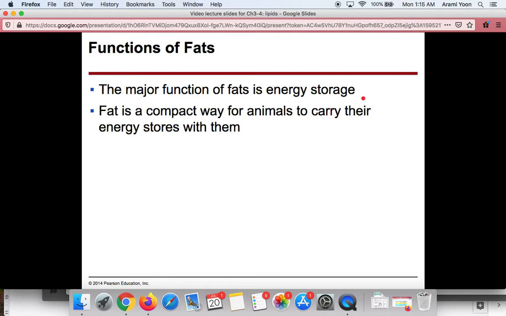Before we get to phospholipids, just to wrap this up, you should know that the major function of fats is energy storage, and that's particularly important for multicellular animals, because fat is a way for animals to store energy and carry their energy with them so that even if they're not able to eat for long periods of time, they can live off of the energy that's found in their fat.